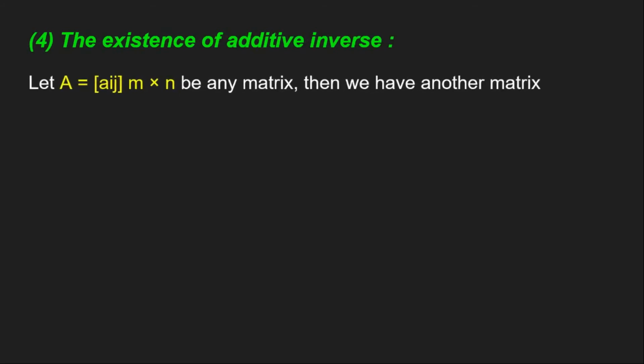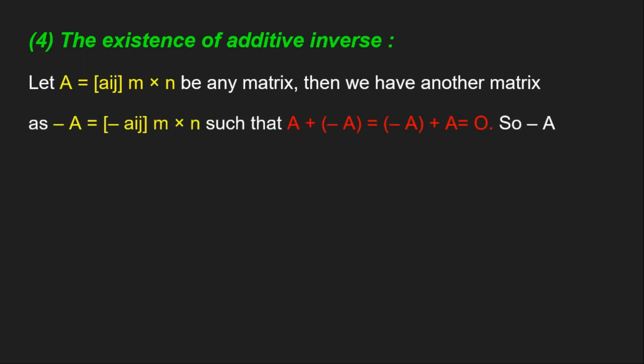Suppose we have a matrix A with the order m cross n. Then we have another matrix, minus A, which is nothing but giving the minus sign to all elements of the given matrix. Now what is the property?